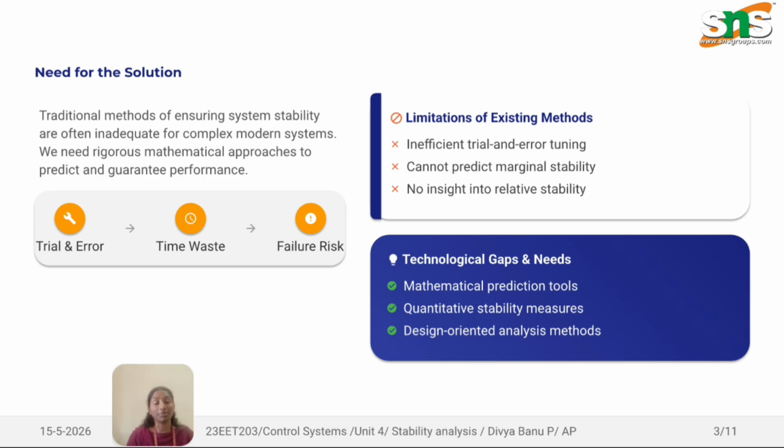There are many limitations of existing methods: inefficient trial and error tuning, inability to predict marginal stability, and no insight into relative stability. Coming to the technological gaps and needs: mathematical prediction tools, quantitative stability measures, and design-oriented analysis methods.